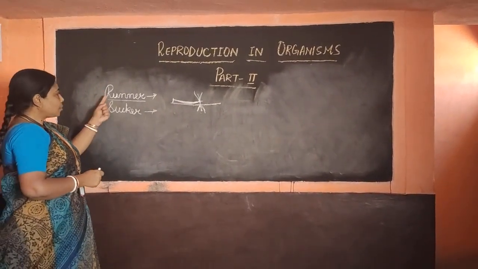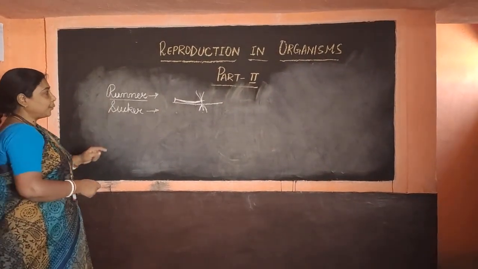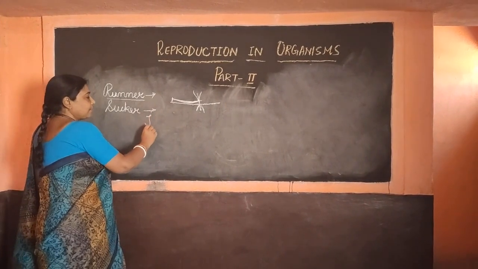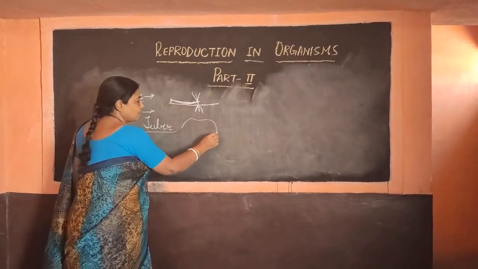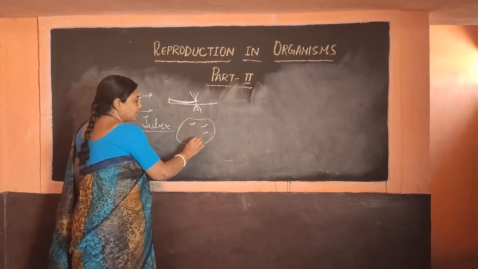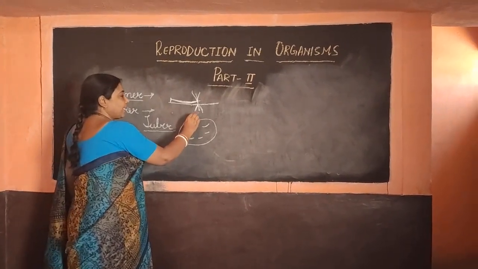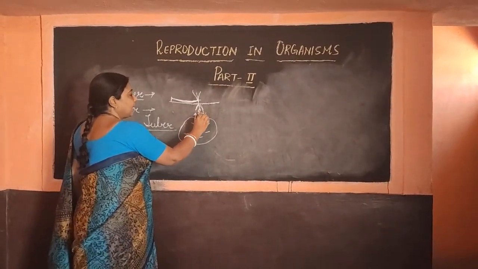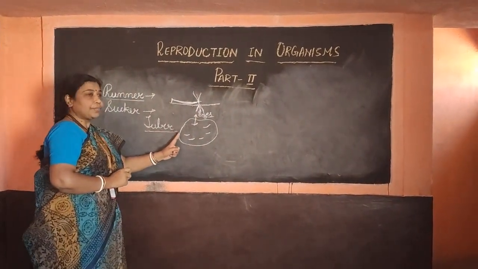So many we have discussed: runner, sucker, rhizome, tuber. Take the case of tuber. You are all very much acquainted with this one, that is the potato. You see certain depressions, certain marks in the potato. In the lower classes, we have told you these are eyes. What is it? It is a modified stem.